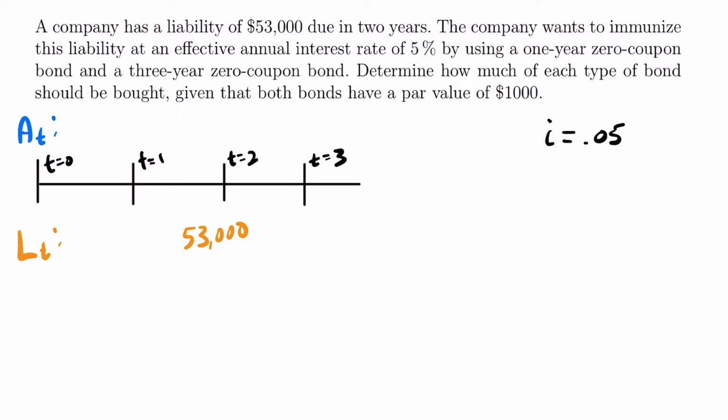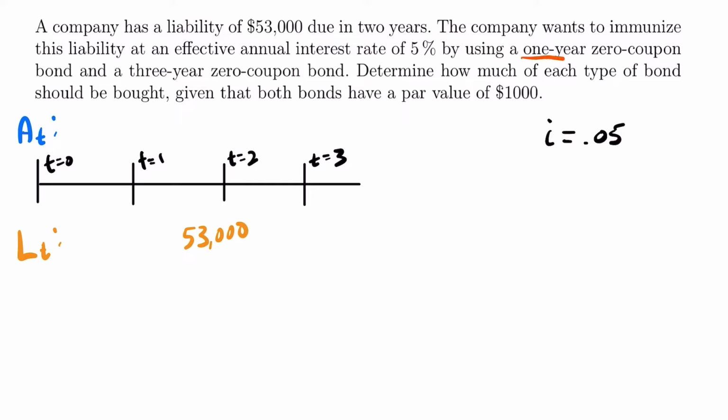And then for the assets, these are going to be those zero coupon bonds, which by the way, a zero coupon bond is just a bond that doesn't pay coupons, hence the name. All it is, is a bond that pays a redemption amount at the end of its maturity. So for a 1-year zero coupon bond with a par value of $1,000, that just means that after 1 year, you're going to receive a redemption amount of that $1,000, assuming that the bonds are redeemable at par, which we are going to assume in this case.